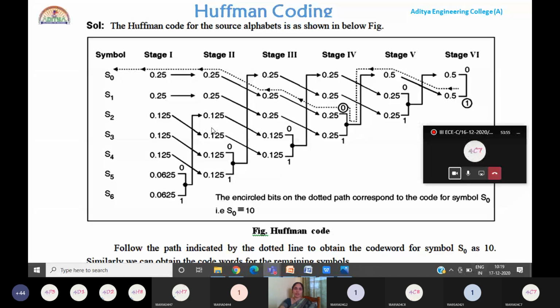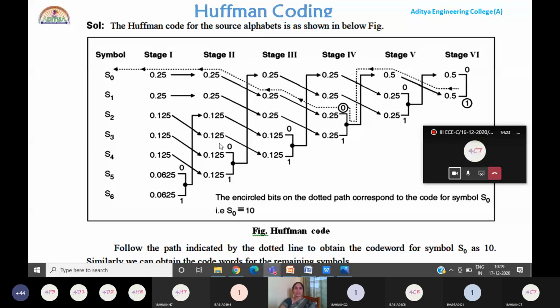But the order should remain decreasing. So 0.25, 0.25, next we get the combined factor 0.125, and the same old 0.125 values are represented below the newly combined factor.